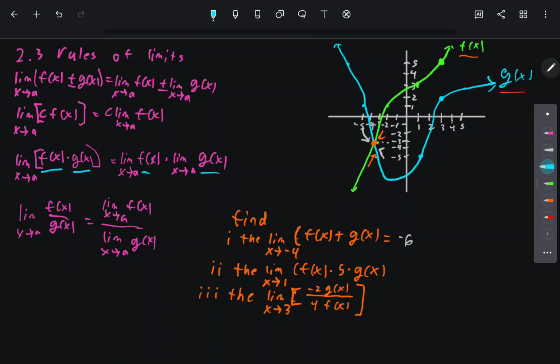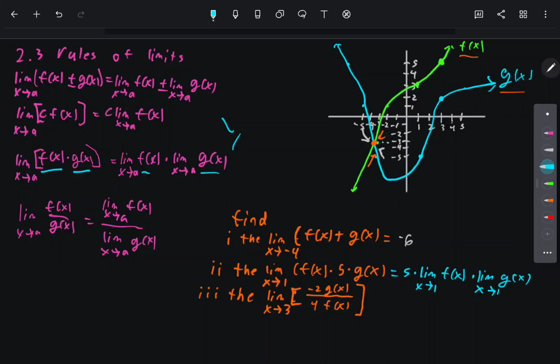So, using these two rules, we are now going to solve this bottom limit. I'm going to pull out this 5, so we get 5 times the limit as x approaches 1 of f of x times the limit as x approaches 1 of g of x.